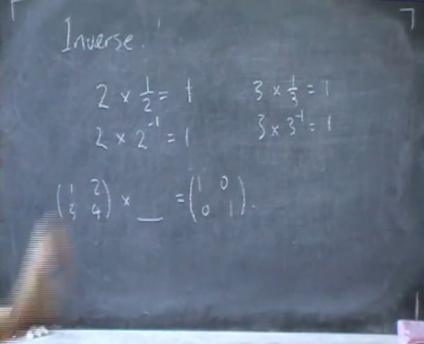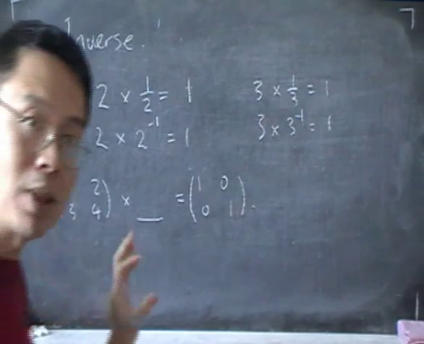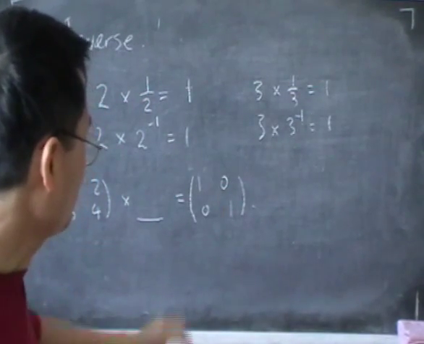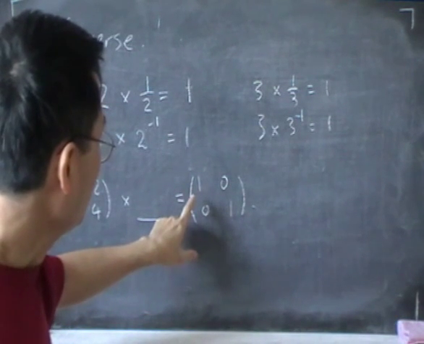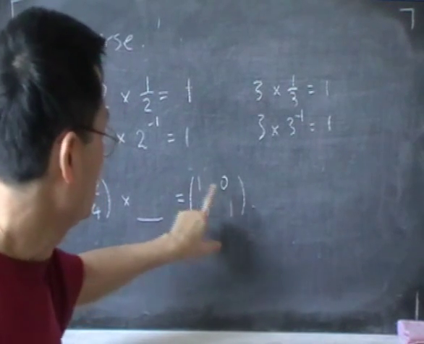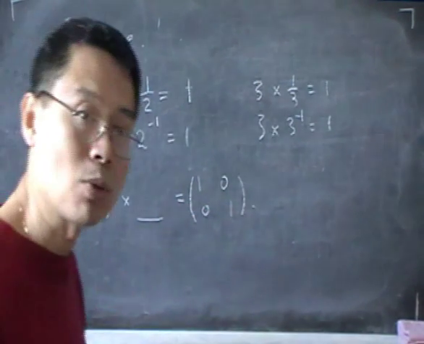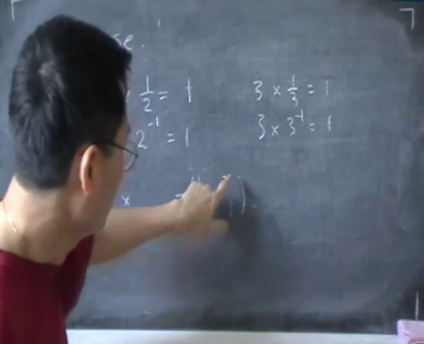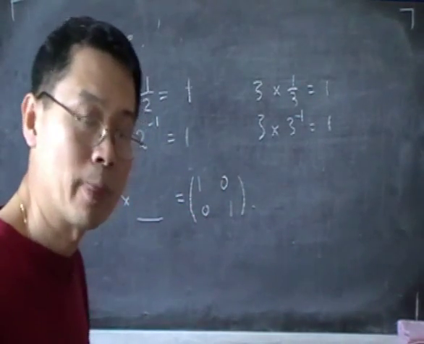Mathematicians make up this new rule for matrices in which we think about a 1 for a matrix as a matrix in which the numbers along the diagonal are all 1, and all the other numbers are 0.